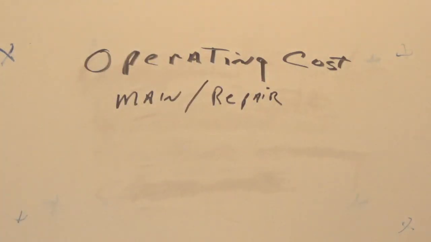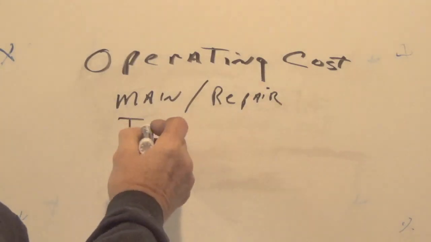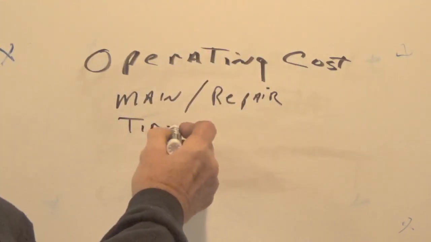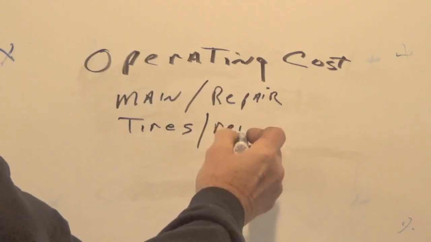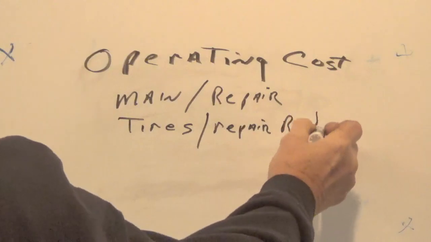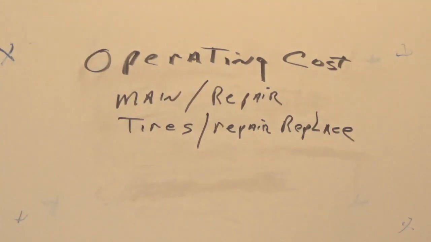You have tires, for instance, repair or replacement. I'm just going to write this, it actually comes under maintenance and repair, but this will help you to remember what we're talking about. Tires, which is you need to repair or replace. And to a trucking outfit, tires is a major expense.